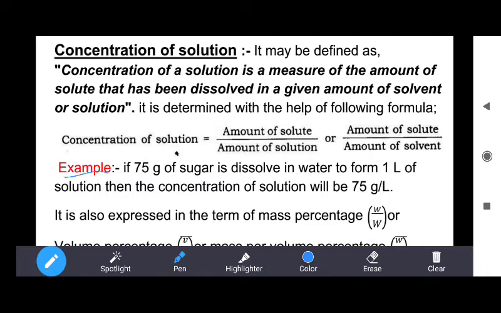For example, if 75 gram of sugar is dissolved in water to form 1 liter of solution, then the concentration of the solution will be 75 gram per liter. So this is the way to express it, and its unit will be gram per liter, as the weight of solute is in gram and the volume of solution is in liter.